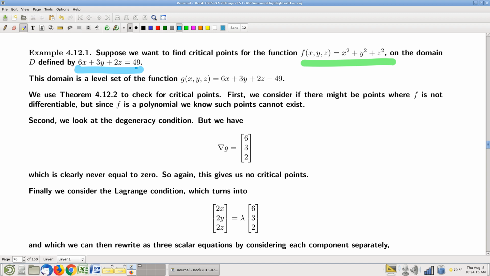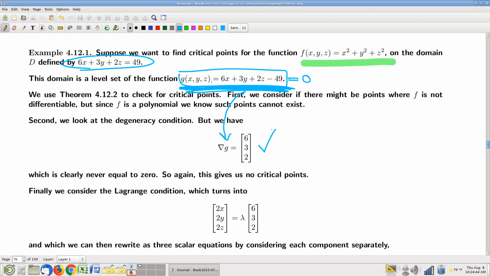But that would be easy to do. I can rewrite this equation as that function equals 0. So I'm going to view this as my constraint function. And thereby it's real easy to compute this is our constraint gradient. How are we doing? Is everybody on board?